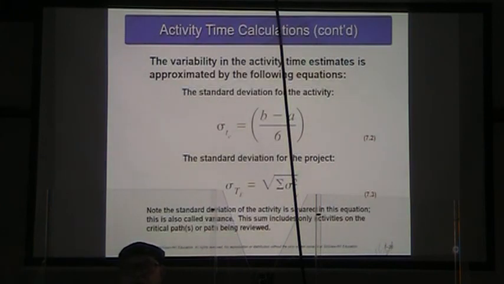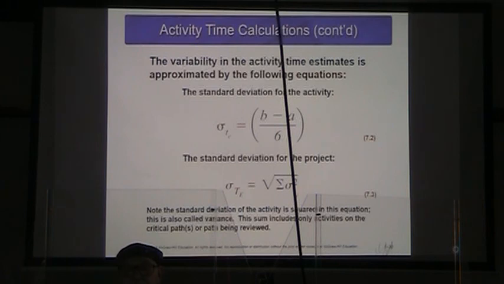We can figure our variability in activity time estimates by saying our standard deviation of our PERT time estimate is equal to our pessimistic minus our optimistic, divided by 6.